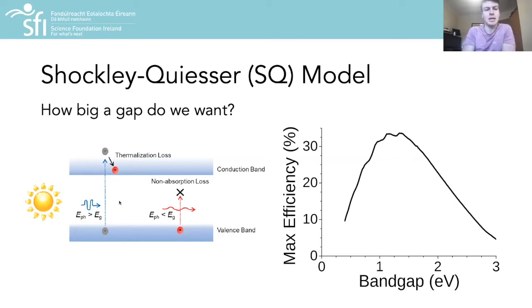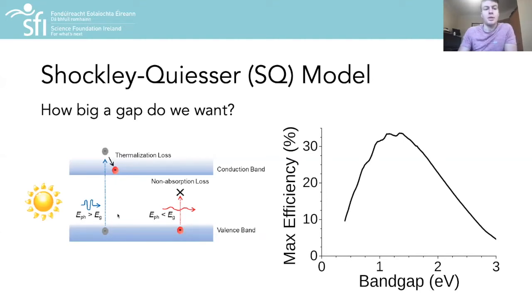So this is where the electron is giving off its excess energy as heat, through lattice vibrations that we call phonons. And this typically happens much more rapidly, much quicker than we can extract these electrons. So generally this happens before we can extract the electrons and use their energy to create electricity.